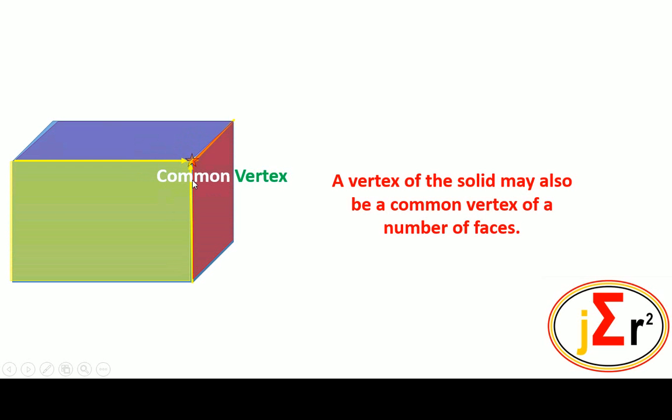So here we have the three faces in their three different colors. The vertex that we have here is a vertex of each of these faces. A vertex of a solid may also be a common vertex of a number of faces.